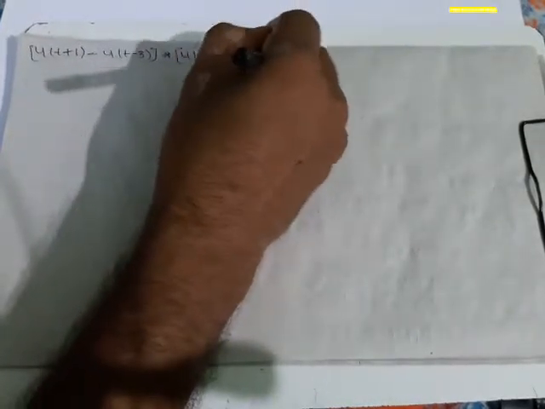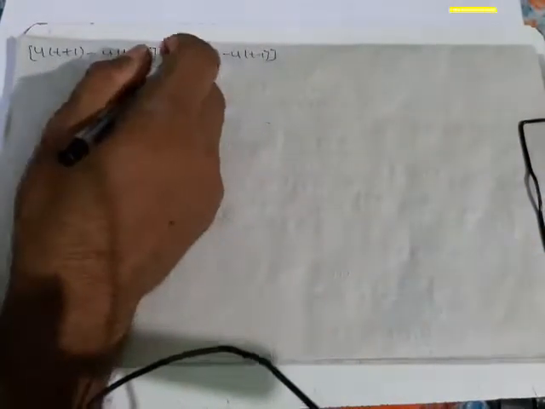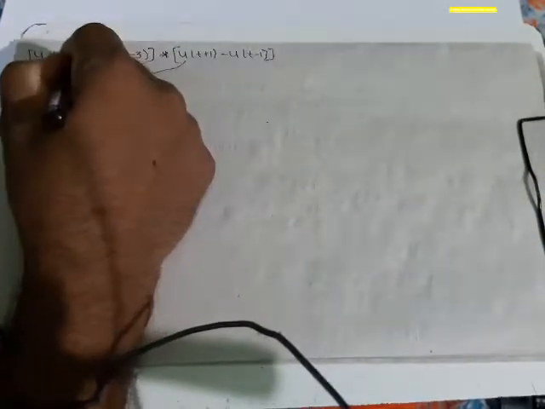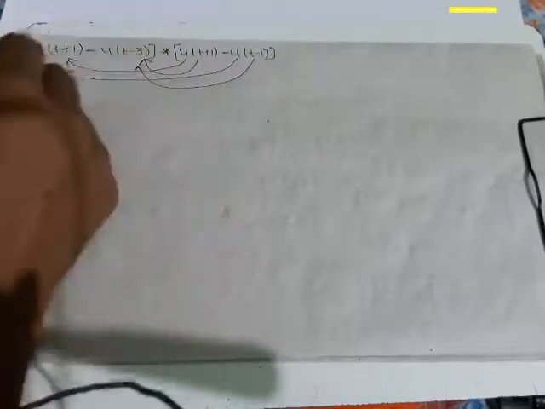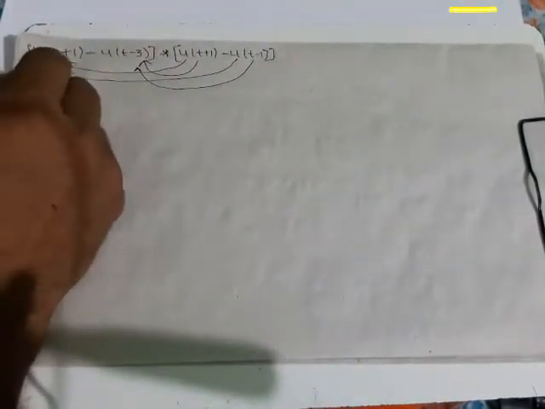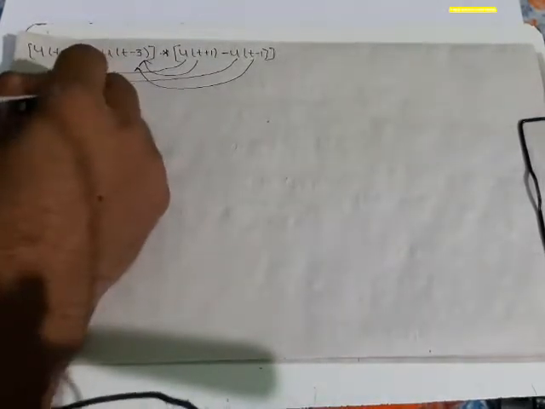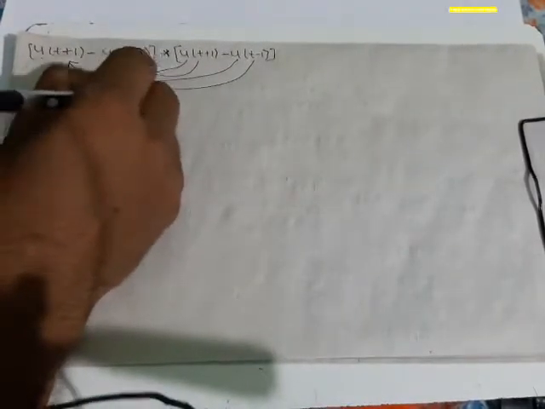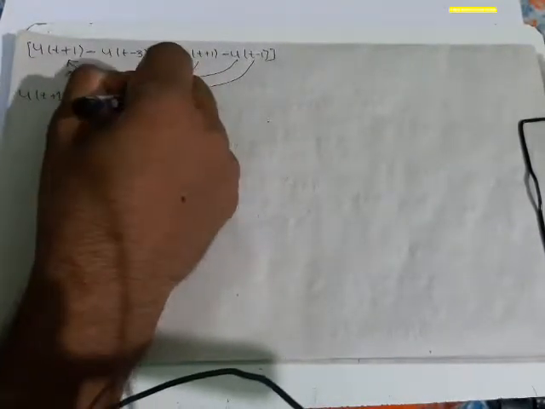Now see here, it is u of t plus 1 convolution with u of t plus 1. Again minus u of t plus 1 convolution with u of t minus 3. This is one, and another convolution is minus u of t plus 1 convolution with u of t minus 1.